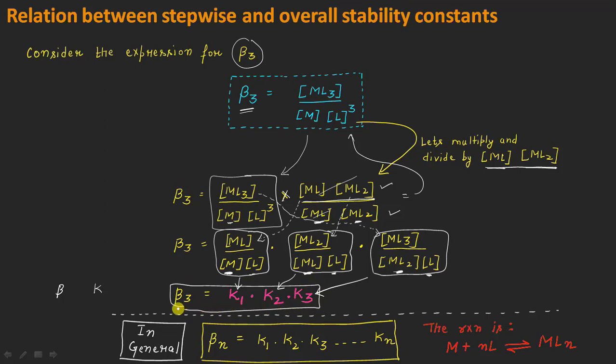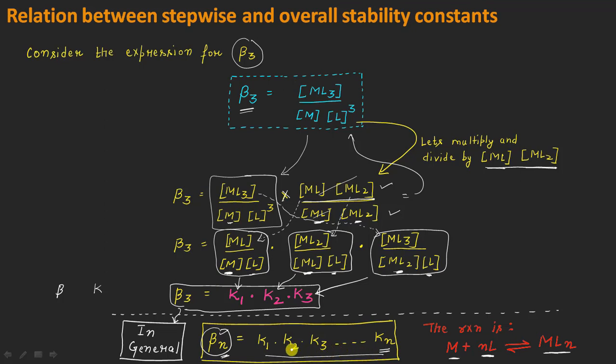So in general we can always write that the beta for n ligands will be equal to the product of K1, K2, K3, and so on until we have Kn here, right? If we have n ligands and one metal ion resulting in the formation of MLn type of complex, the beta n, the overall stability constant for these n ligands, will be equal to the product of the K values.